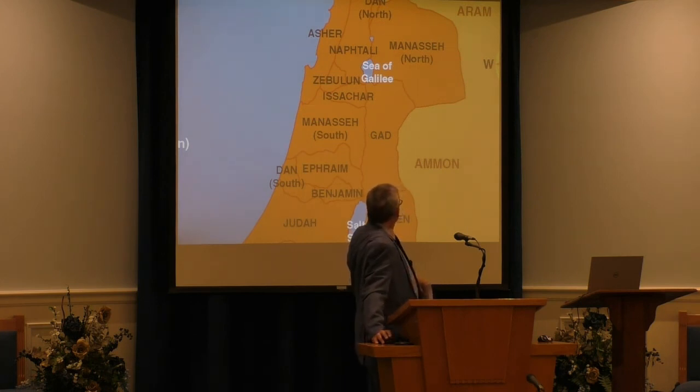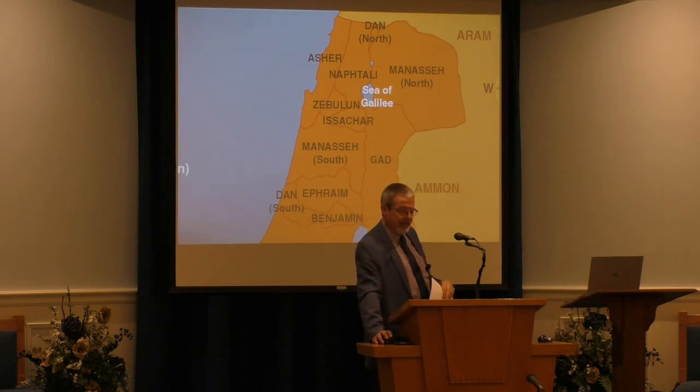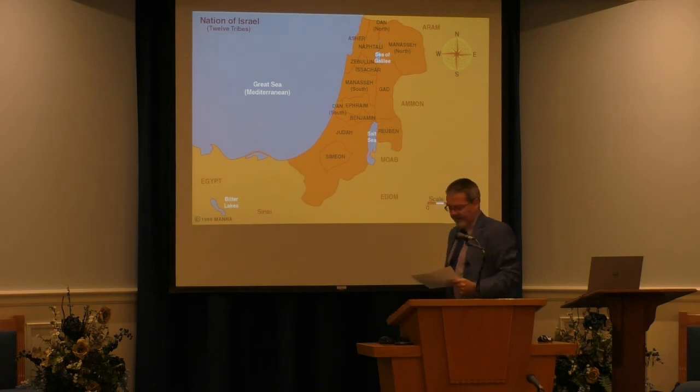And then the next one up would be Issachar. And then you have Zebulun. And then all we lack is Asher, the big long one on the seacoast, Naphtali right beside it, and then that little triangle of Dan. And that fills out our map.